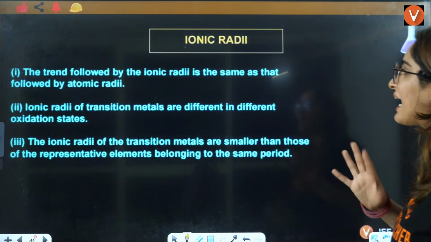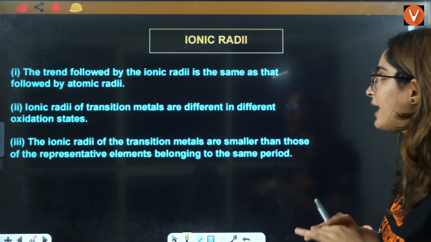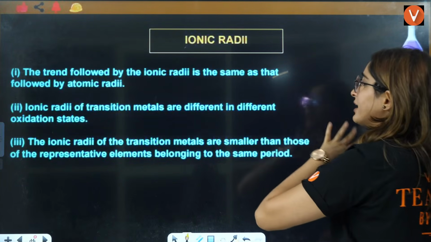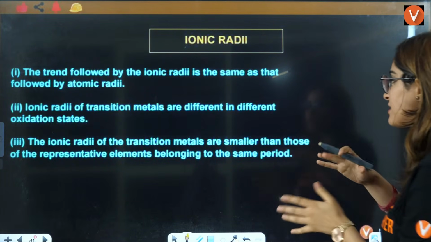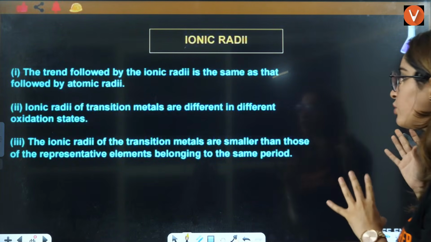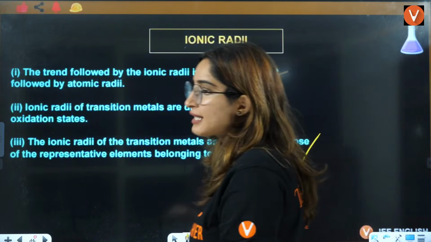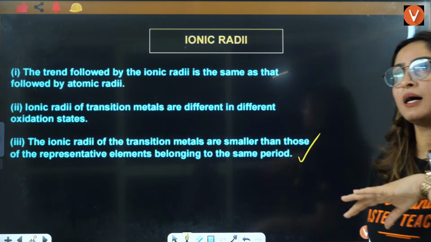Now, the trend followed by ionic radii is the same as that followed by atomic radii. Ionic radii of transition metal atoms are different in different oxidation states. The ionic radii of transition elements are smaller than those of representative elements belonging to the same period. So they are saying that the ionic radii depend upon the oxidation state of the metal.